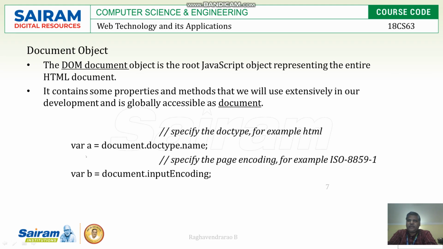Variable A, an example is being given, okay. Variable A, document.doctype.name. This is going to specify the doctype. Document.doctype.name can access. Another one, variable B, document.inputEncoding. So ISO standards will be there, so you can access that also. So globally you can access.